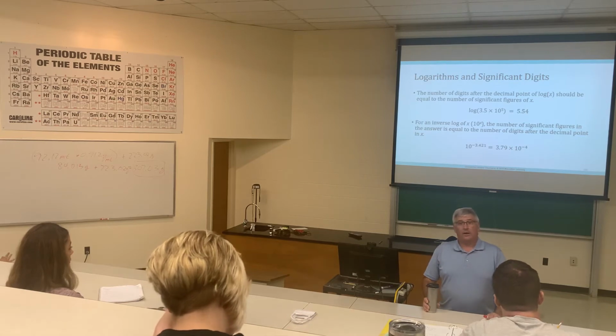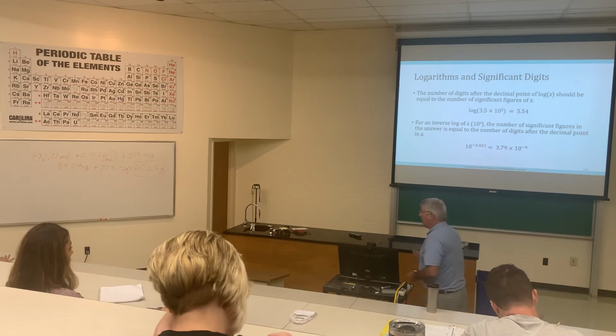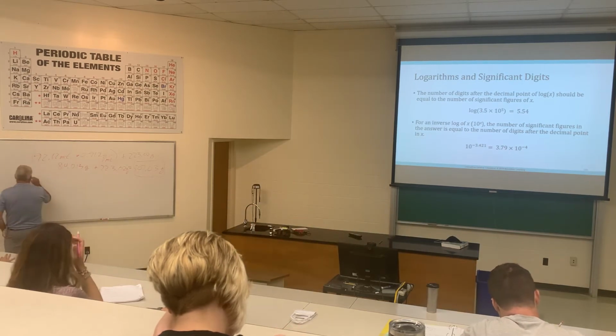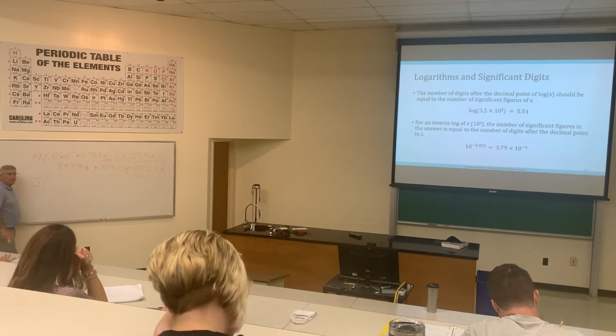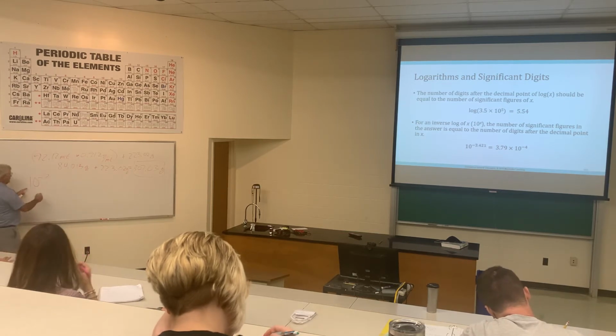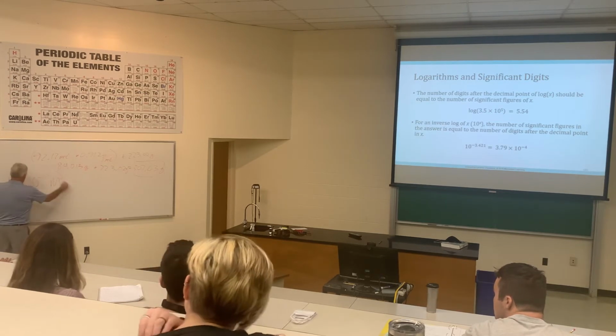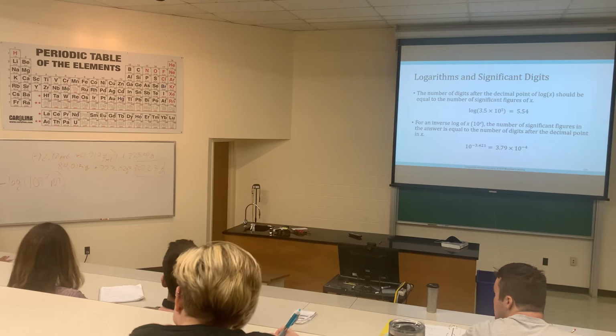Let's say the concentration of the hydrogen ion in solution, right? The concentration of hydrogen ion in solution when the solution is neutral is right around 10 to the minus 7 molar. Right? You guys with me? And if I take the negative log of 10 to the minus 7 molar, does anybody know what that gives me?